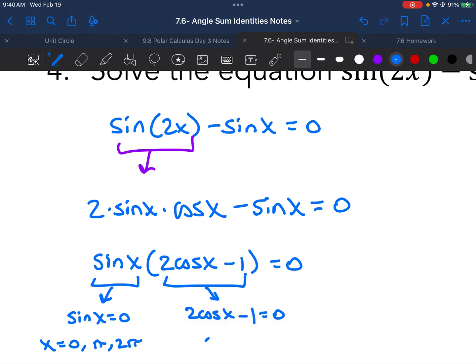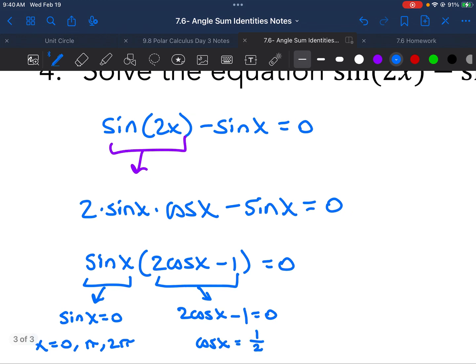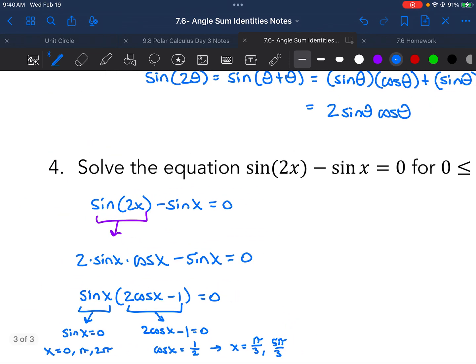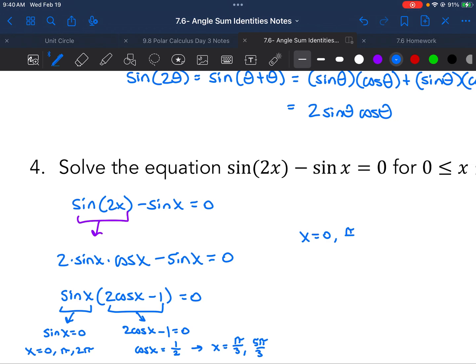So this is saying cosine of x equals 1/2, and cosine of x equals 1/2 when x is pi over 3 and 5 pi over 3. So our answers, x is equal, let's take all 5 of those angles, 0, pi over 3, I'm going to put them in order, pi, 5 pi over 3, and 2 pi.